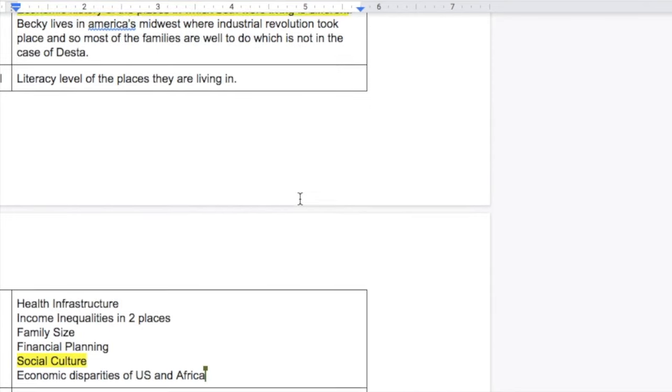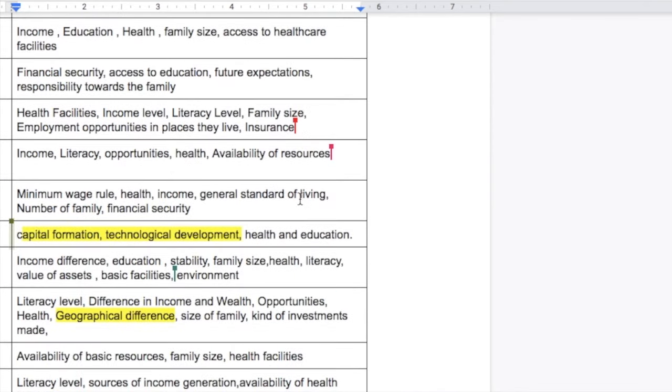Also, someone has mentioned geography, which again is an important factor, that geographically some countries are placed in areas where naturally there are so many resources, and then there are certain economies which are placed in a geographical area where they do not have access to these resources.